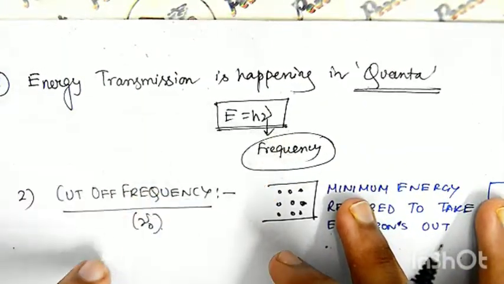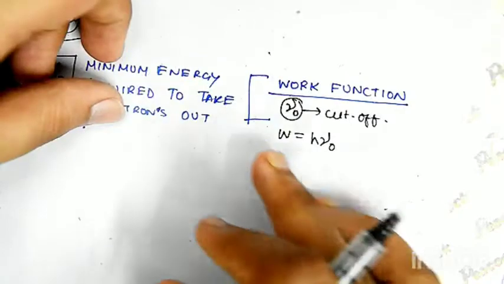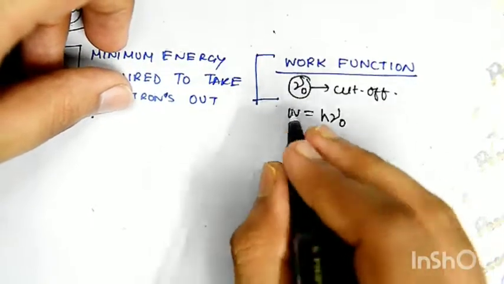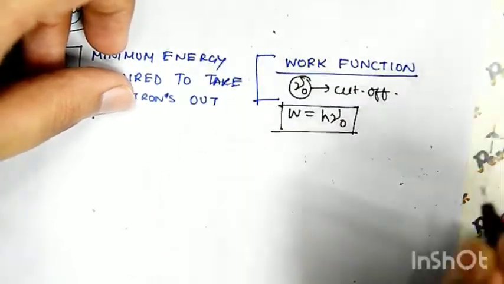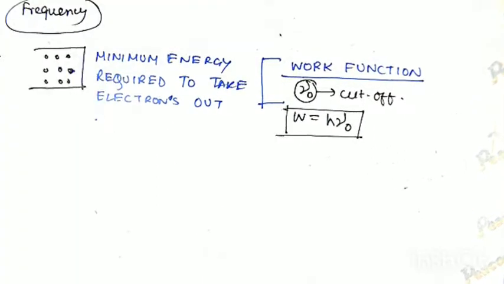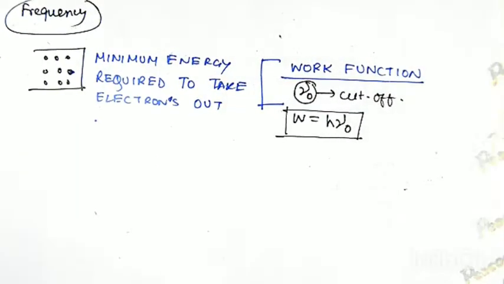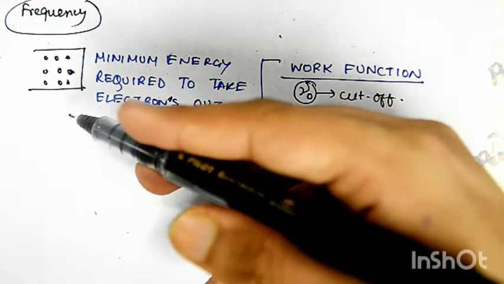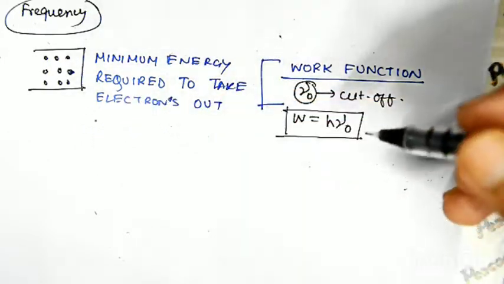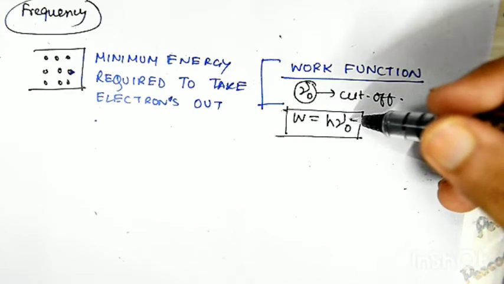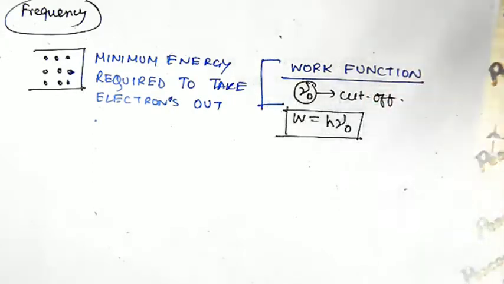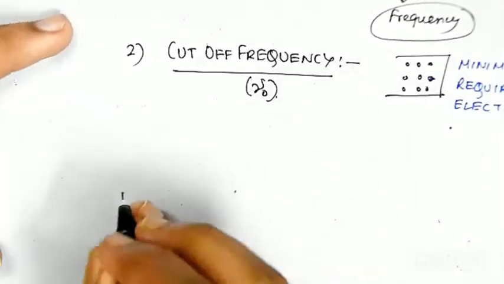If the value of nu is nu 0, then the work function is W equals h nu 0, where W refers to the value of the work function. This is how we calculate the minimum energy required to take electrons out of the surface, and that is why below this frequency, meaning below this energy, the electrons are not going to come out. Third problem.